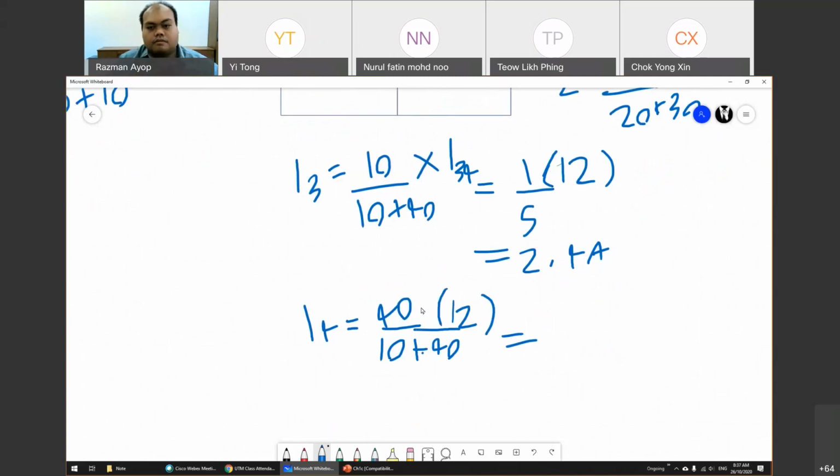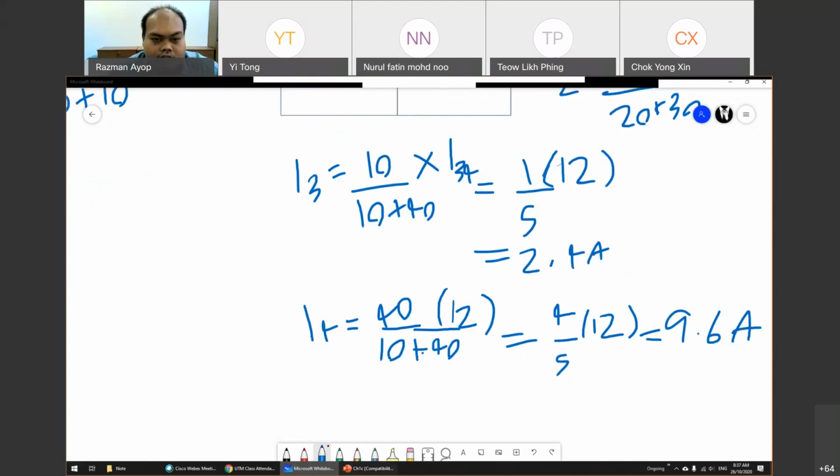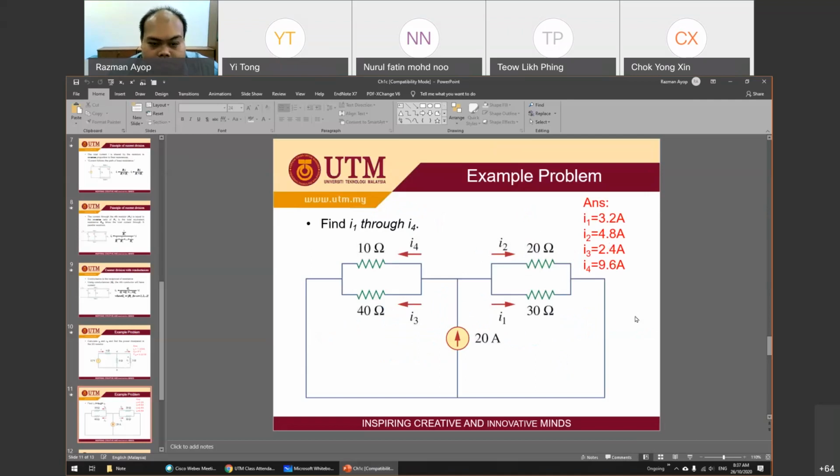So equals to 4 over 5, 9.6 ampere. Don't forget the unit. So you get all the answers.